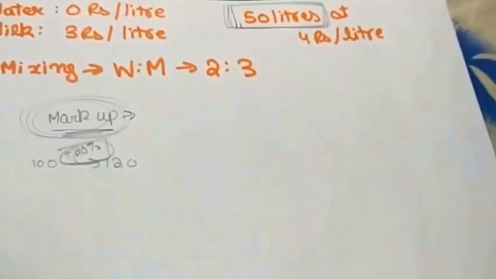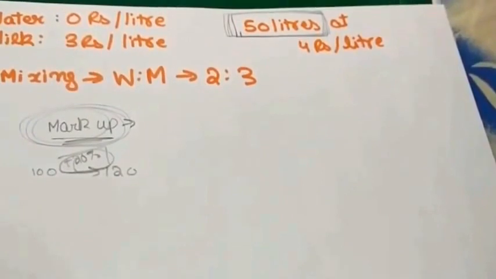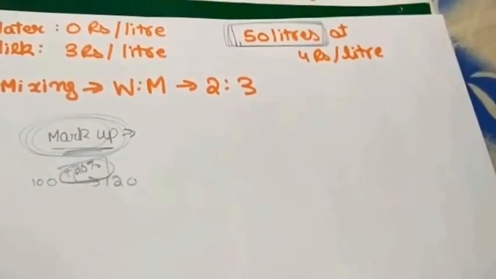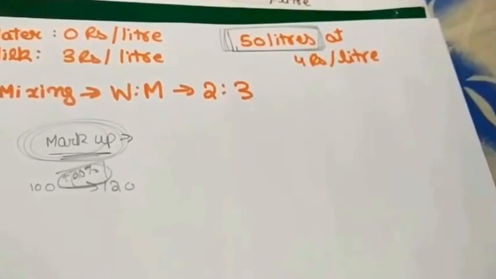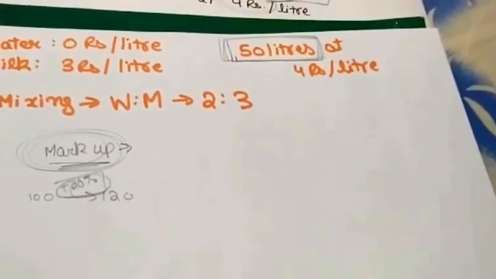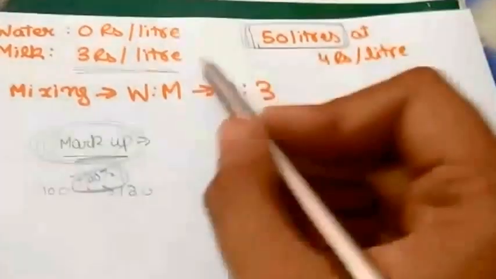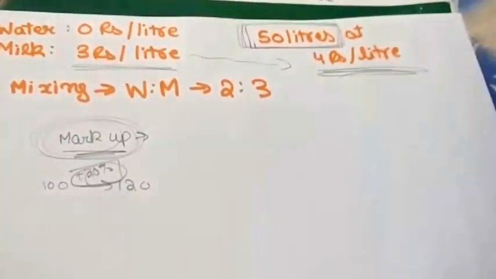That is how much you increase the price of that product. So in this question as well, when we do not take into consideration the fraud, milk was initially 3 rupees and now it's 4 rupees.